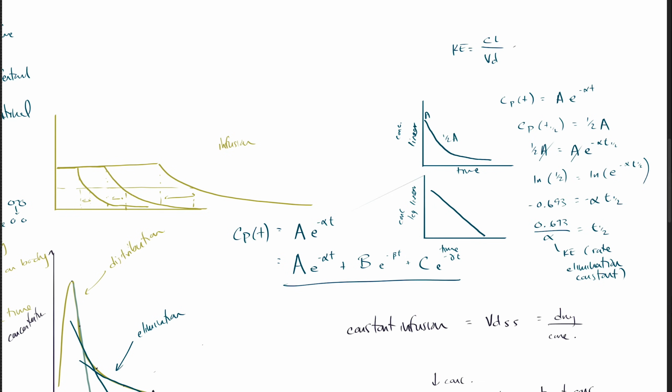And so if you put this in, you get T1 half equals 0.693 times your volume distribution divided by your clearance.